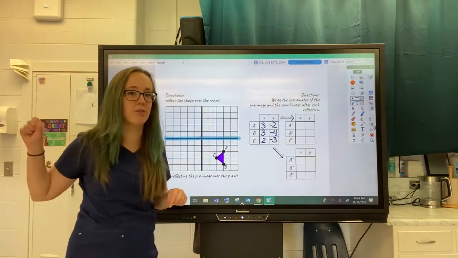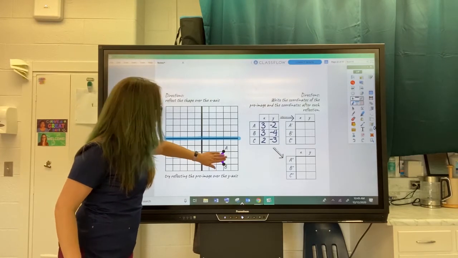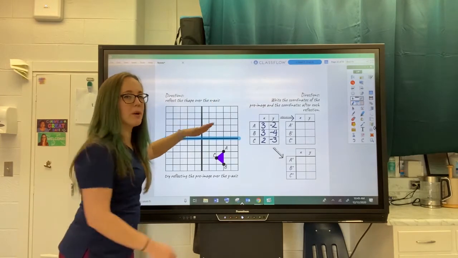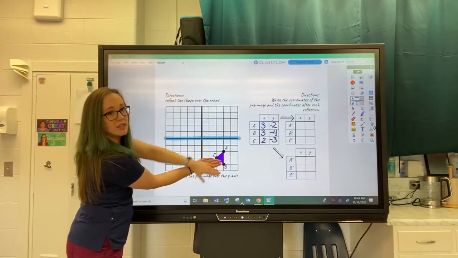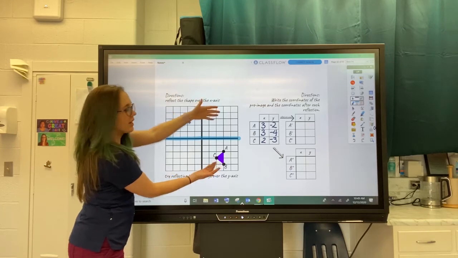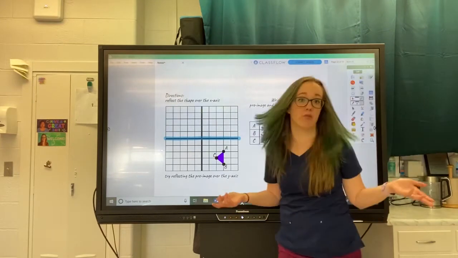Just trace with a pencil over that line. And then I'm going to flip this guy over that line up here. Almost imagine like I am folding this and it stamps onto this part up here. Okay? And the way that we do that is actually not so hard, as long as you can count to like 3.